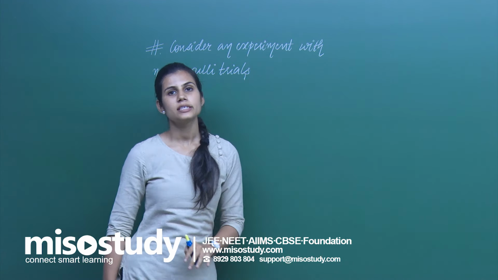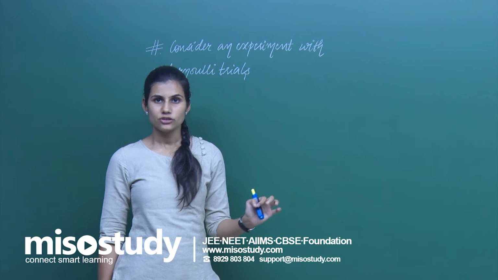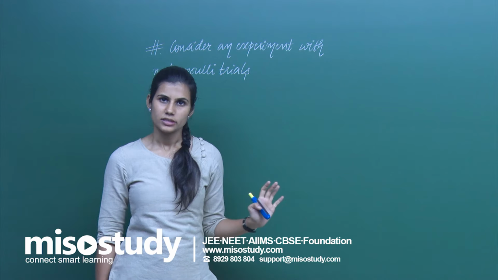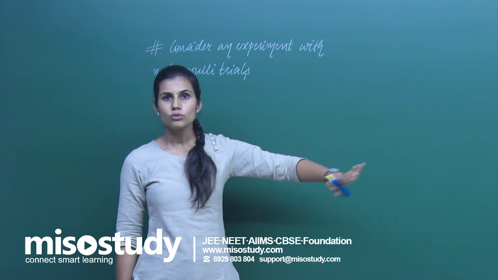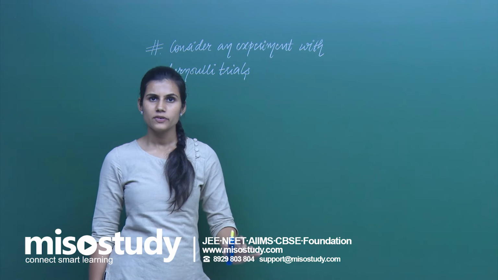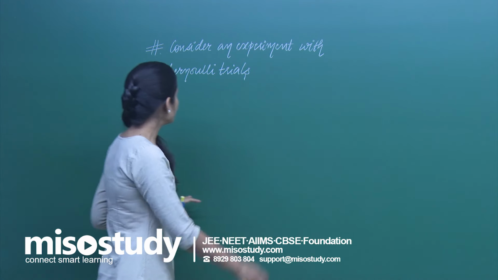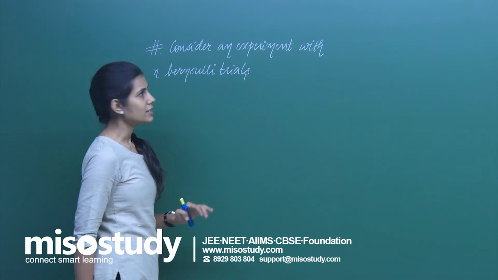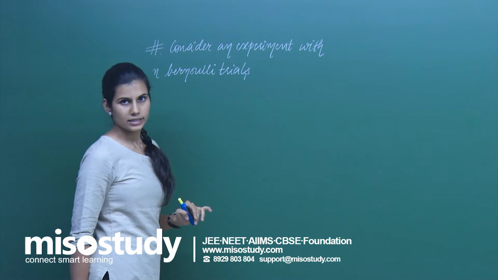And the fourth condition says that the probability of success and probability of failure in each trial is a constant. So whatever is the probability of success in the first trial, it is the same probability of success throughout the n trials. Whatever is the probability of failure in the first trial, throughout it is the same on all the n trials. So that is what my n Bernoulli trials are. So consider an experiment of n Bernoulli trials.